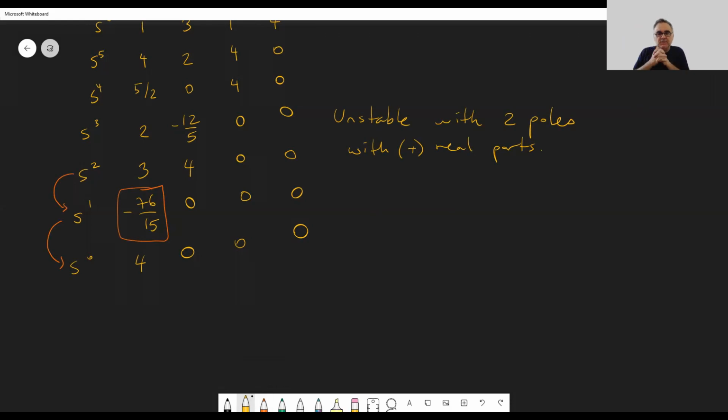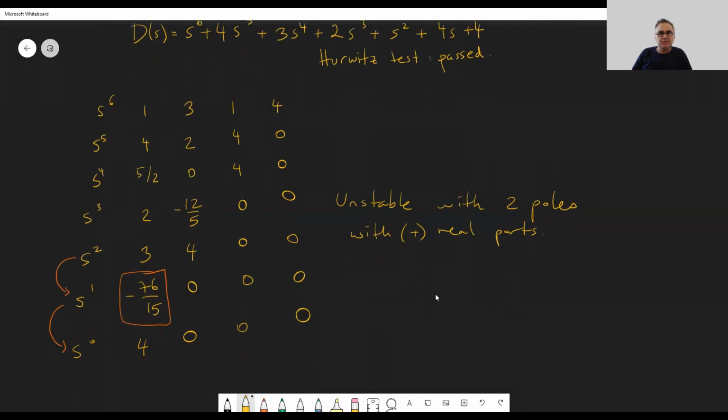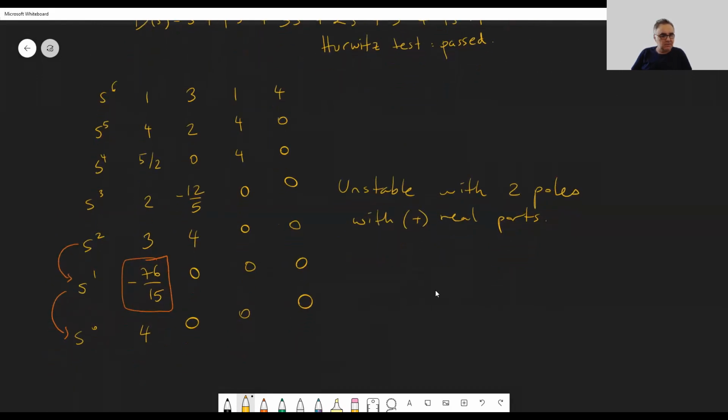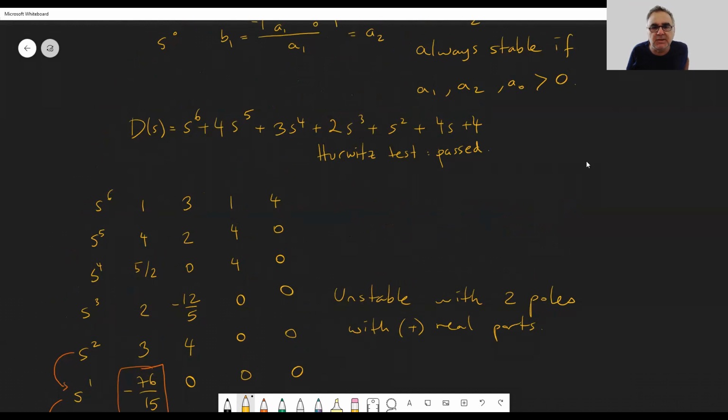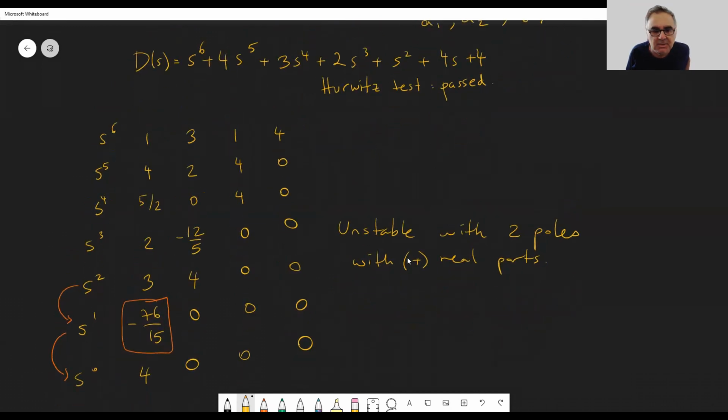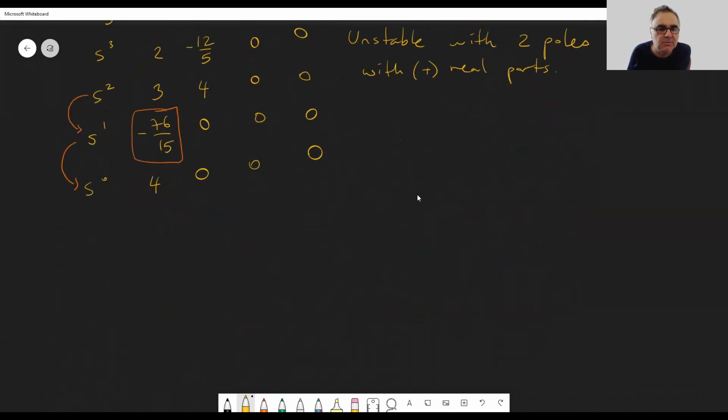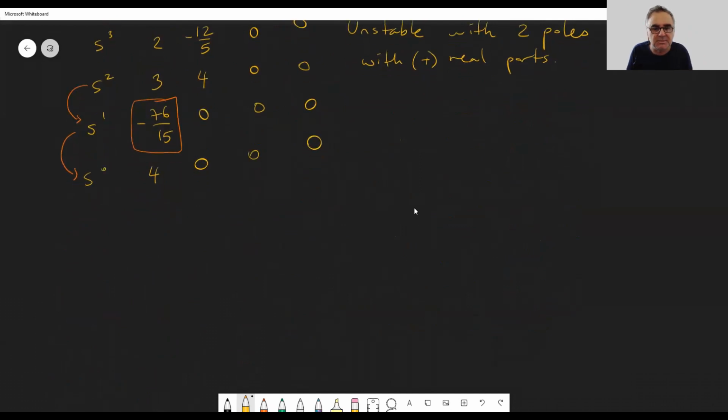As we saw, well, we saw the mechanics of using the Routh criterion, but we didn't succeed. Actually, you can try this on MATLAB, find the roots of this, and see that there will be 2 roots with positive real parts.